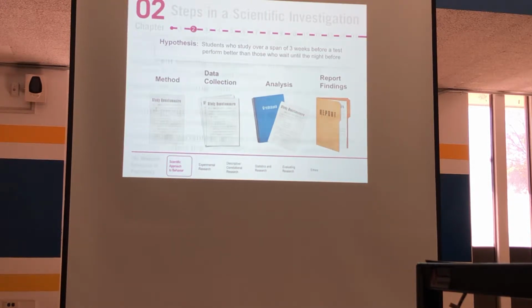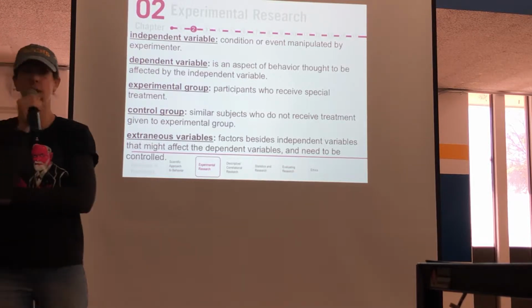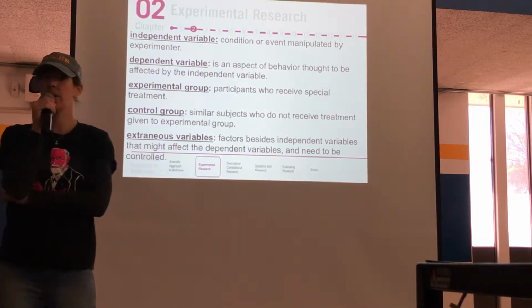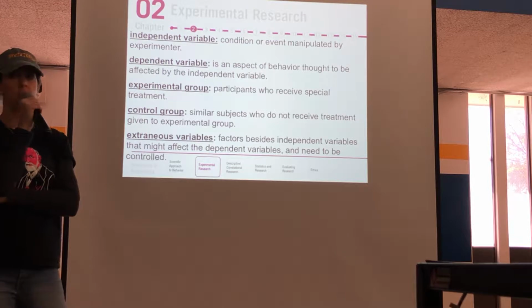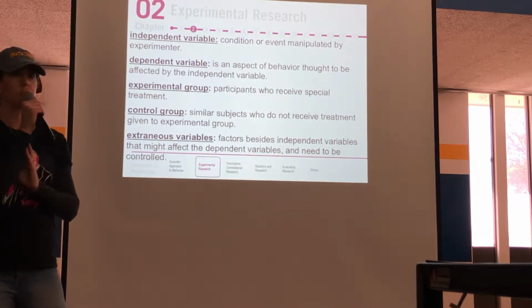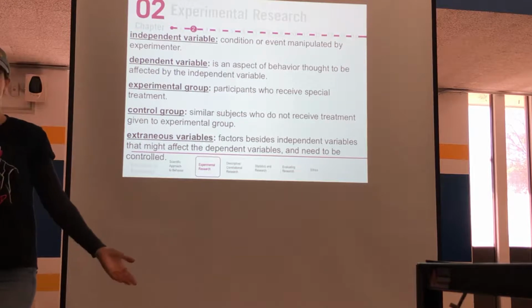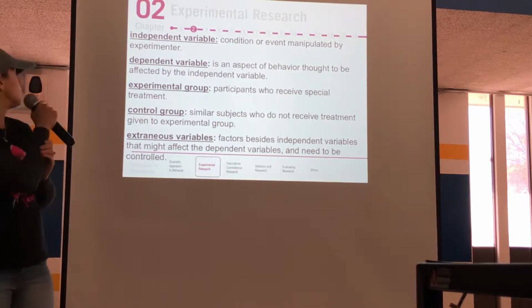What's the variable that is manipulated? Independent variable. What's the mnemonic? Parents get manipulated. Parents are independent. Good. What's the variable that is measured? Dependent. What's the mnemonic? Children get measured. Kids are dependent. Good.